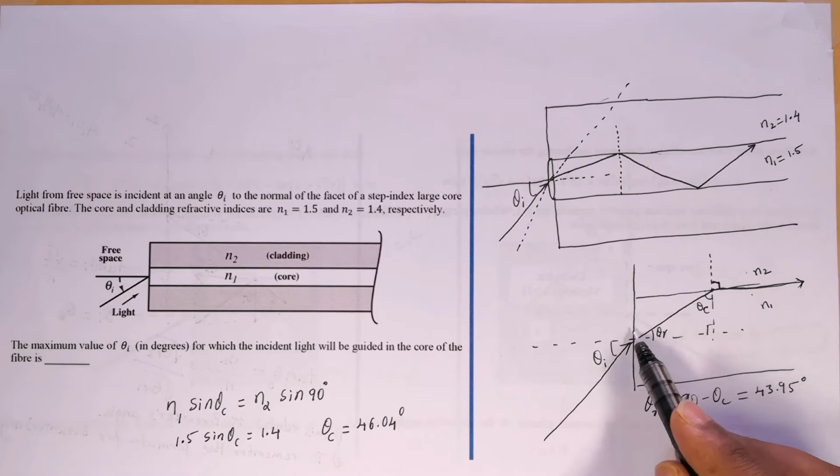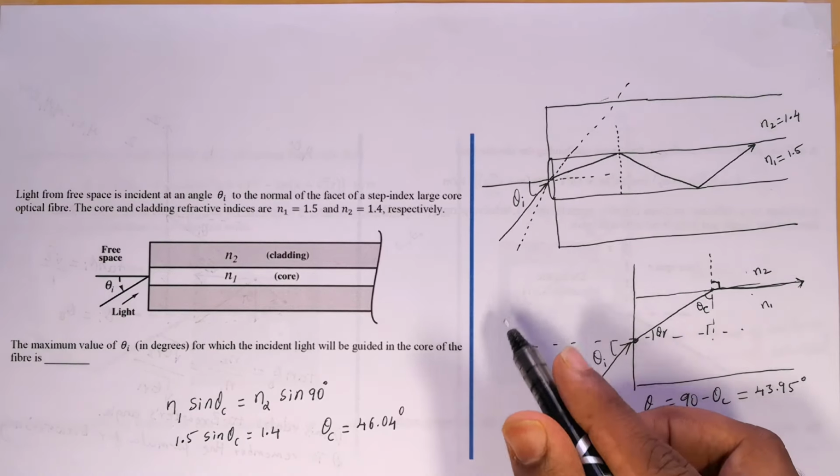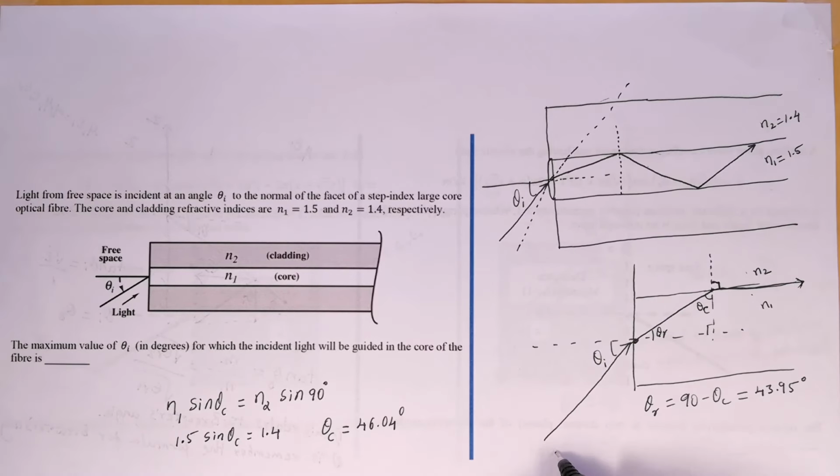Now let's apply Snell's law at the incident point. Here, this is free space, so N0 is just 1.